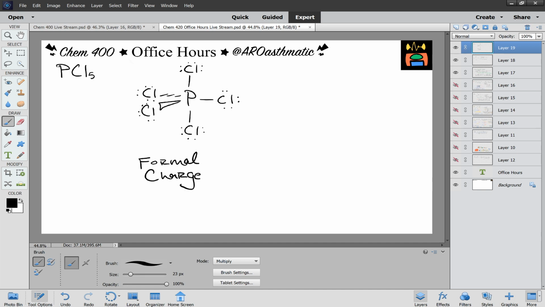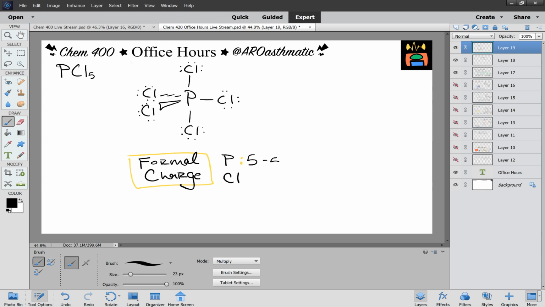All right, let's do our formal charge calculations for both phosphorus and for chlorine. All right, for phosphorus, when phosphorus is neutral, it has 5 electrons. And when you calculate formal charge, you get 1 electron per bond.